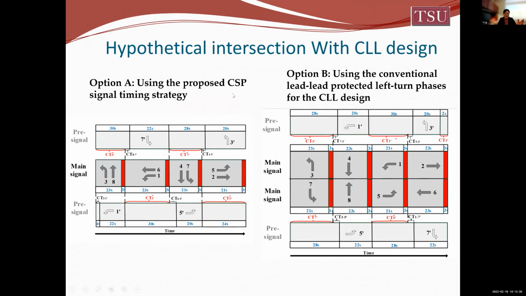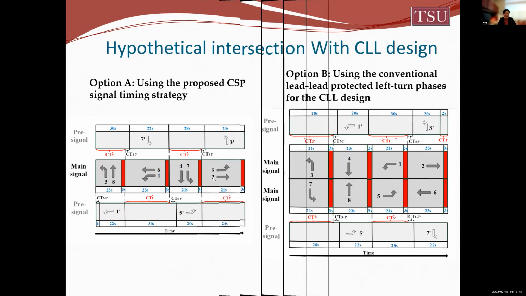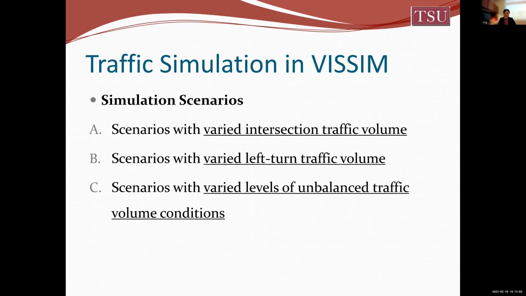First, we use the CSP signal timing strategy we proposed before. Second, we use the current signal timing strategy people use for the CLL lane design, which uses the lead left-turn phase. Okay, so we do both signal timings, then we did the traffic simulation to compare the results.